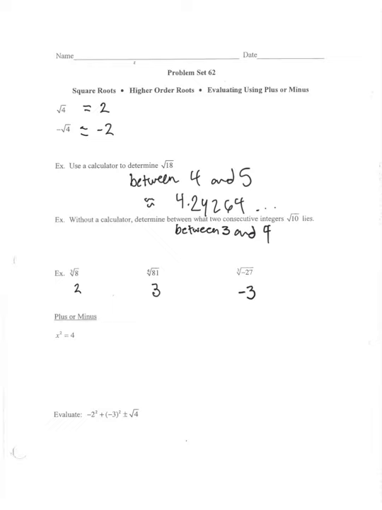And one other thing to note about roots is that if you're solving equations, you have to be really careful, because down here, when I look at the plus or minus thing, I've got x squared equals 4. Now, hopefully we know from previous classes that the way that you would deal with this from an equation solving perspective is that you would square root each side. Because square rooting undoes squaring.